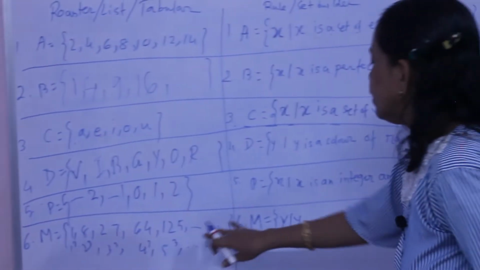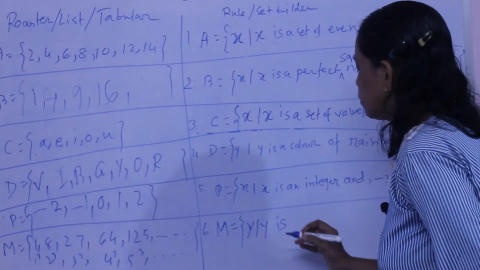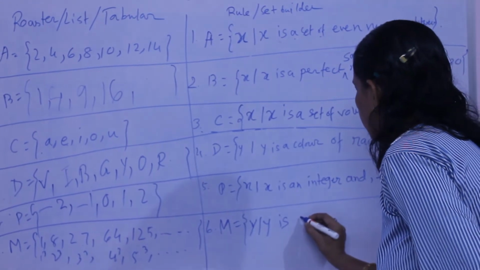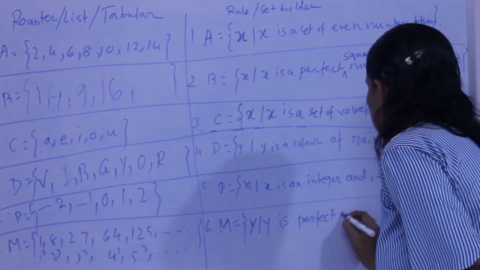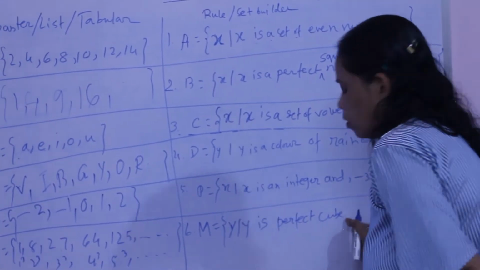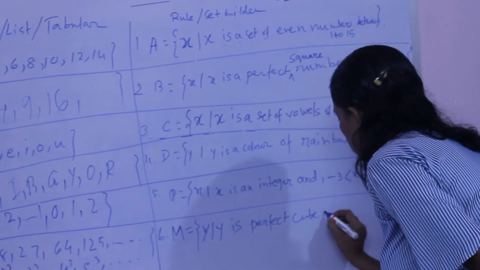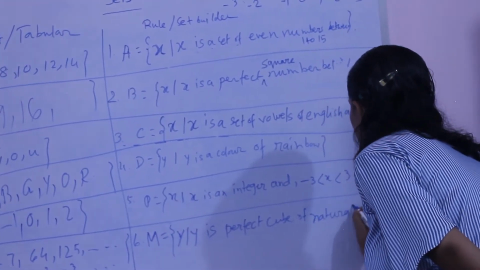So y such that y is a perfect cube of natural numbers.